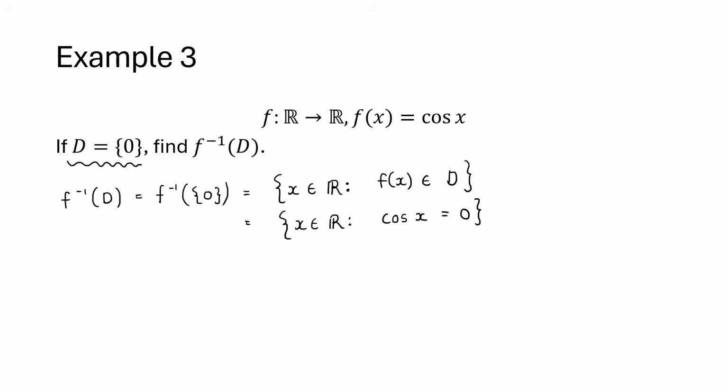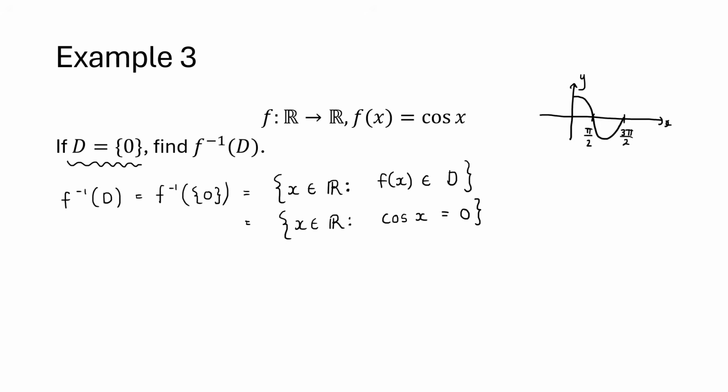We can take a look at the graph if it helps a little bit. There's our cos graph. It cuts the x-axis here at pi over 2, and again at 3 pi over 2, and continues in this pattern.